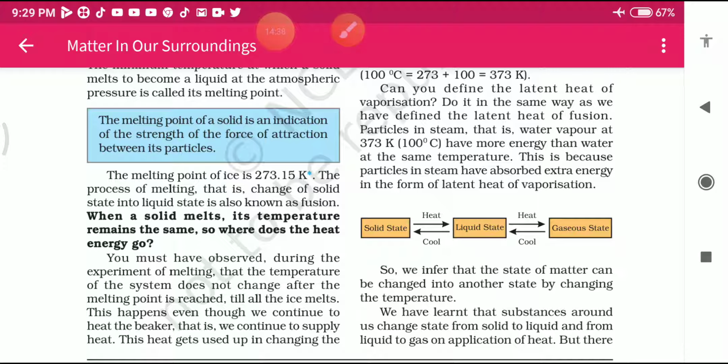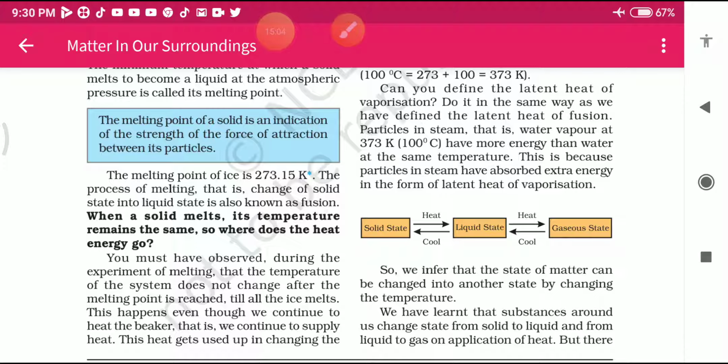Now the types of latent heat are the latent heat of fusion and the latent heat of vaporization. I hope you will understand this very nicely. And how do you convert degrees Celsius into Kelvin? By just adding 273, you can easily convert it.